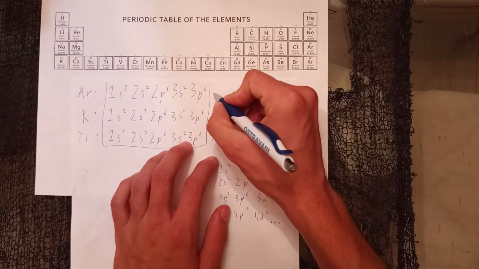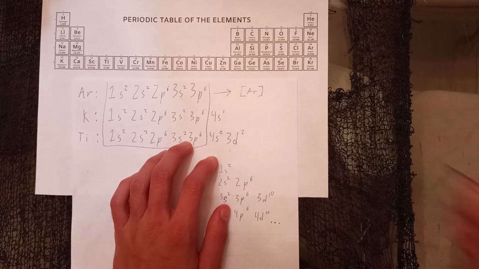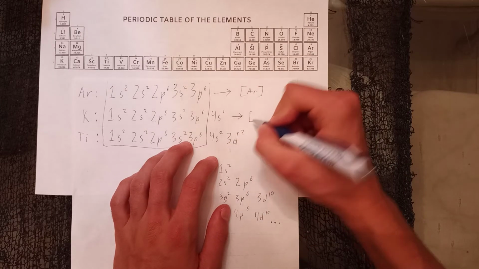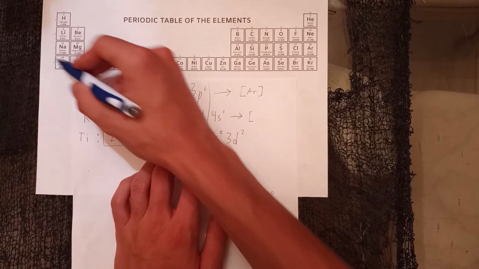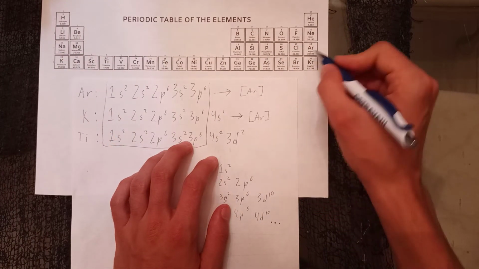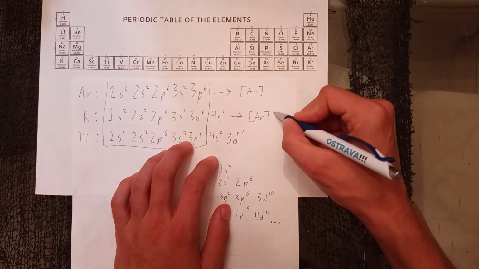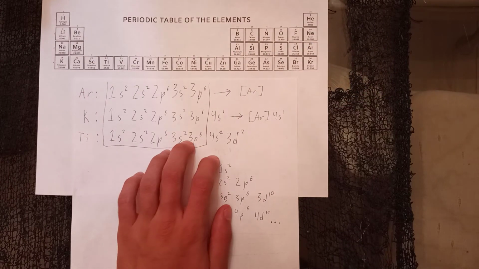So for example, argon you just write as this. But then how would you write potassium? You say, what's our nearest noble gas going back? Argon. Then how far are we after that? 4s1. Hey, that's good stuff.